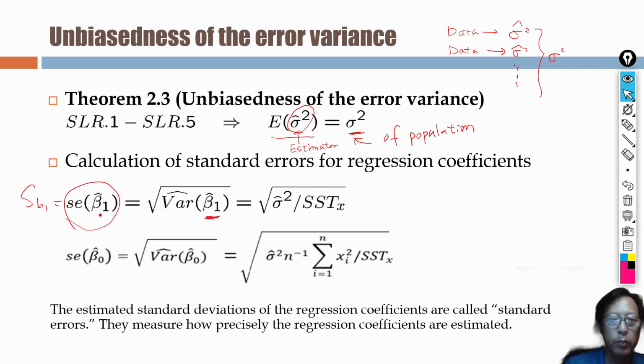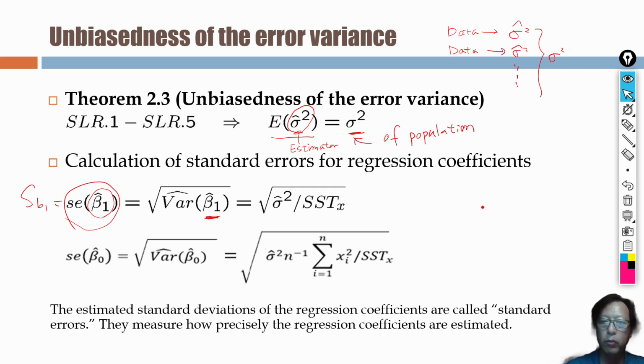And also the standard error of the regression coefficients can be calculated this way. The estimated standard deviation of the regression coefficient is called the standard error. So what does it mean?